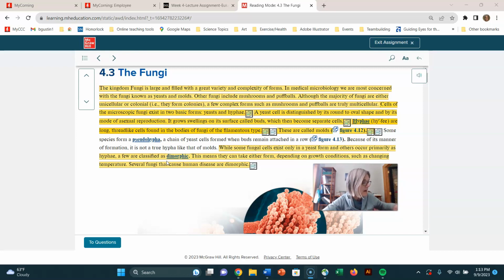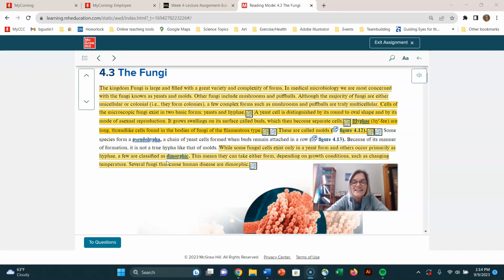There are a couple other unique things about fungi, and one is that in their cell walls they have something known as chitin. There was a picture of some chitin in a wall in the previous section of the book.